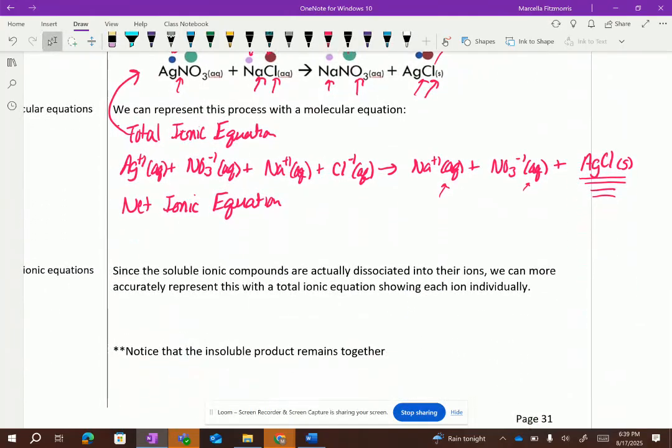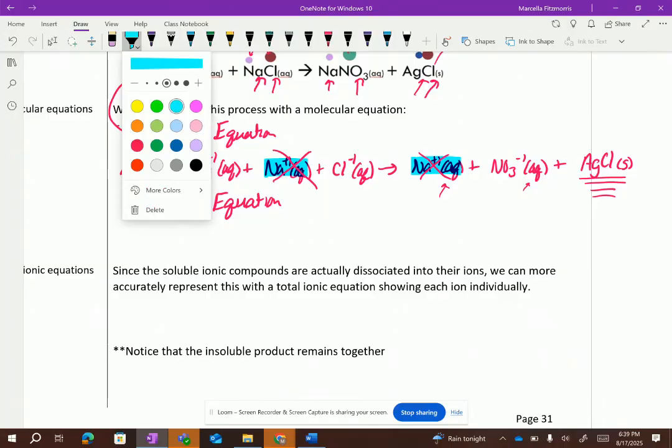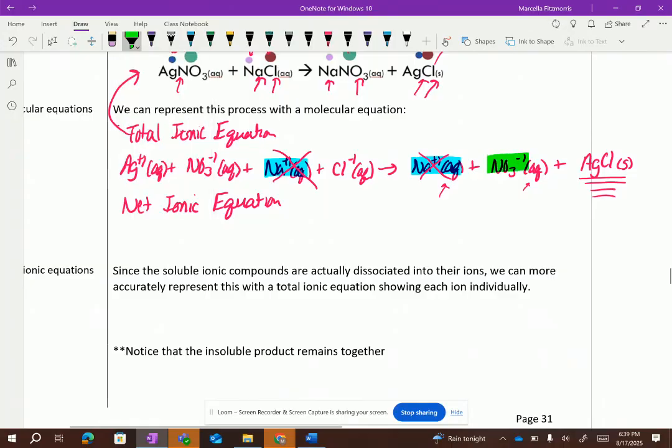Now the net ionic equation takes out everything that is the exact same on both sides. For example, Na+1 aqueous, Na+1 aqueous. That didn't really contribute to the reaction. It's called a spectator. Secondly, this NO3 -1 aqueous, NO3 -1 aqueous, it also did not really contribute to the reaction.